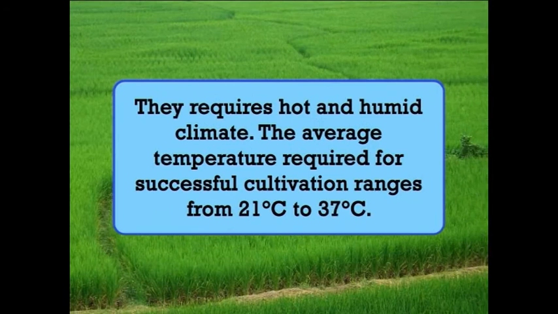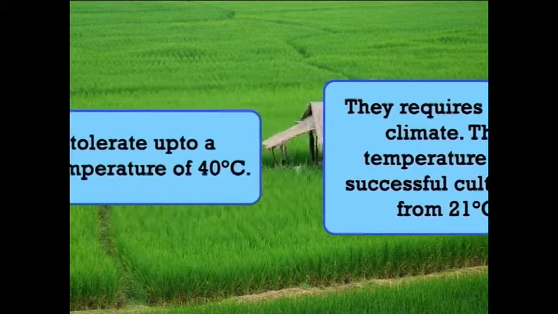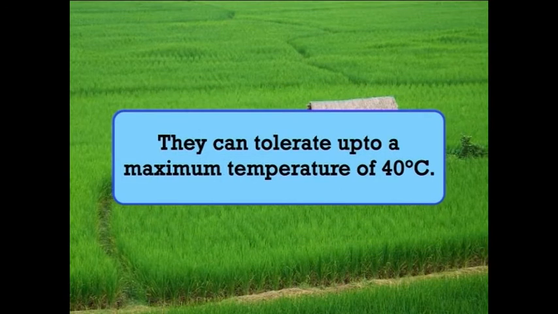They require hot and humid climates. The average temperature required for successful cultivation ranges from 21 degrees Celsius to 37 degrees Celsius. They can tolerate up to a maximum temperature of 40 degrees Celsius.